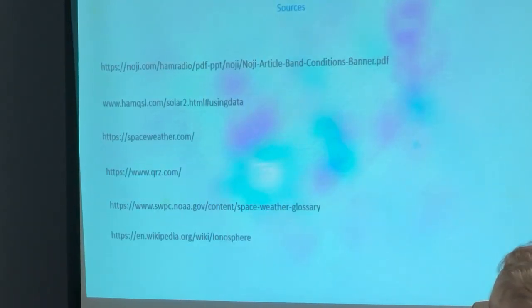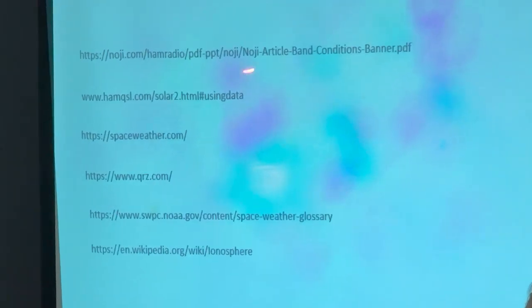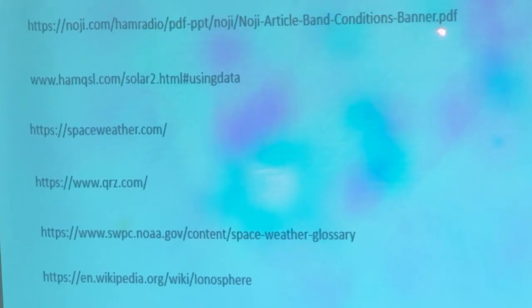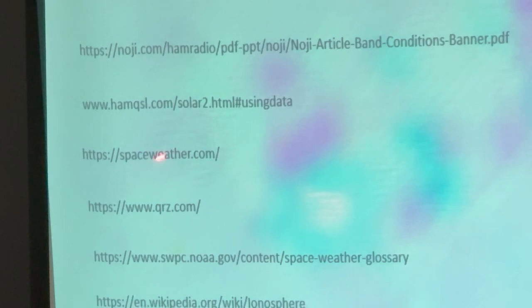And here are some of the sources that I used. This is a website that gave me a lot of the definitions for the various meanings of all the things I've been talking about. Then there's spaceweather.com.